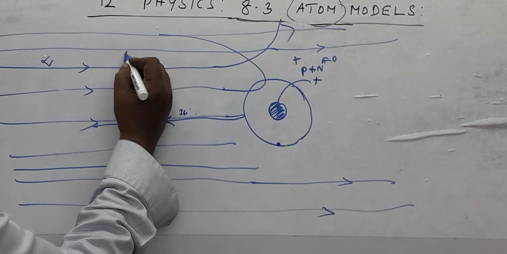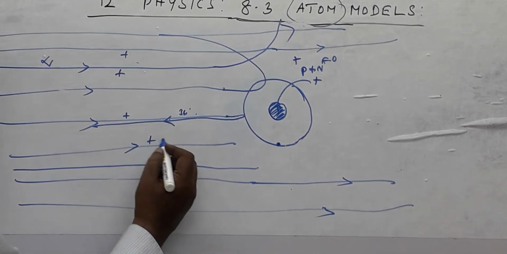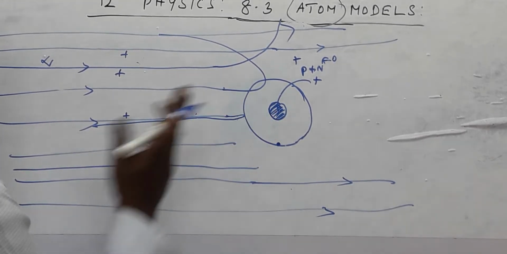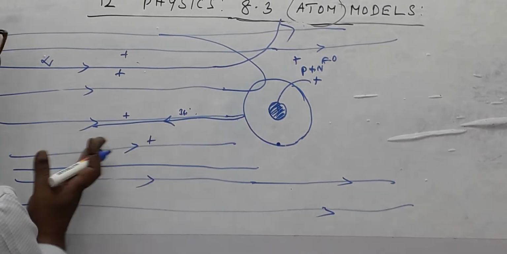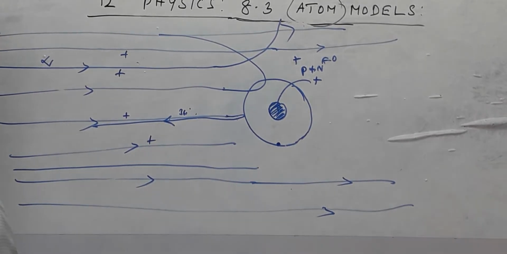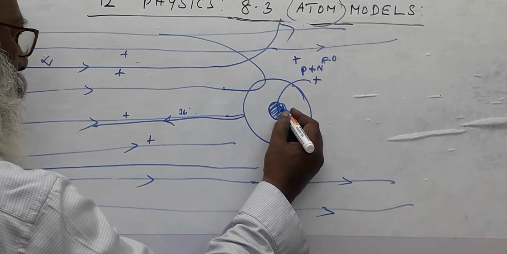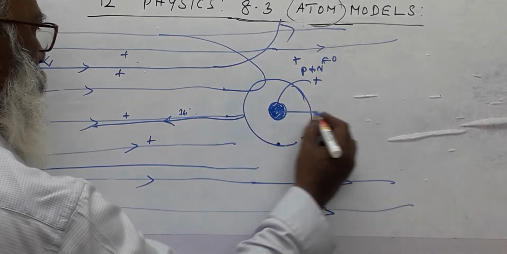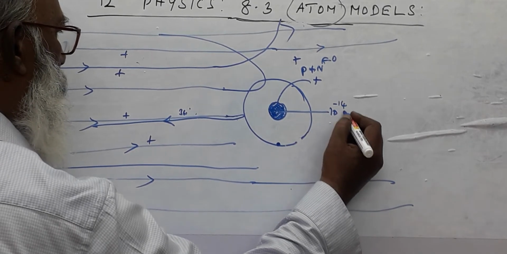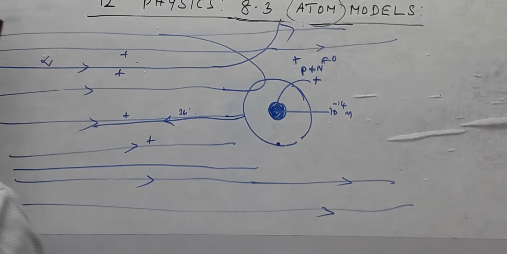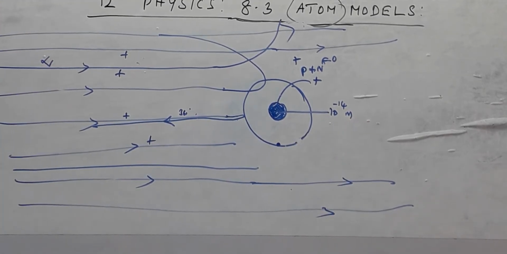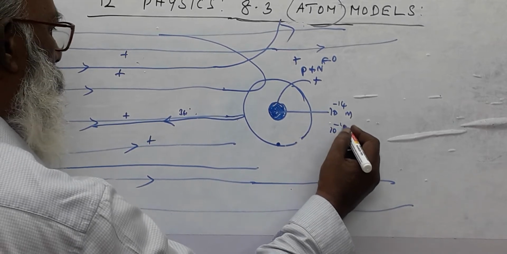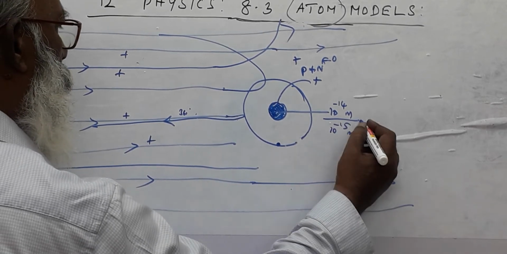These are all positive rays. The positive rays are reflected when closer to this nucleus; if they travel just away from the nucleus, they are not affected. That's why he concluded that all positive charges are accumulated in the smallest area, 10 power minus 14 meter. The radius of a nucleus is assumed to be 10 power minus 14 to 10 power minus 15 meter as per Rutherford.